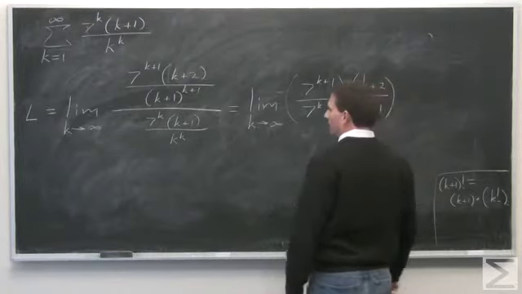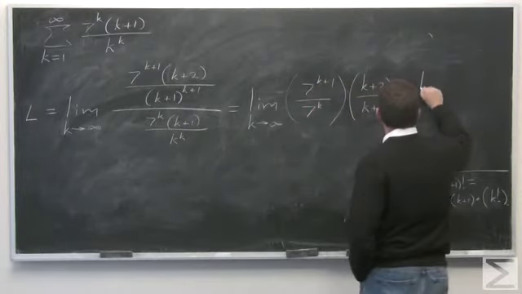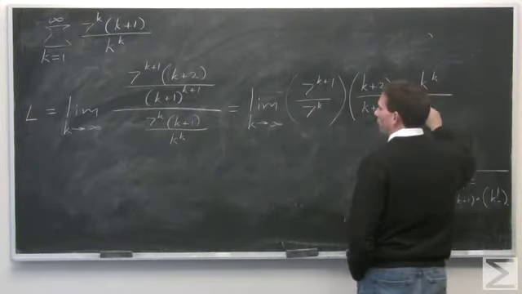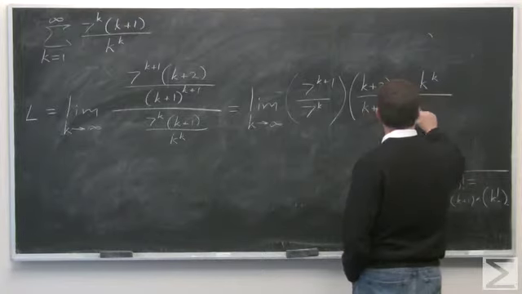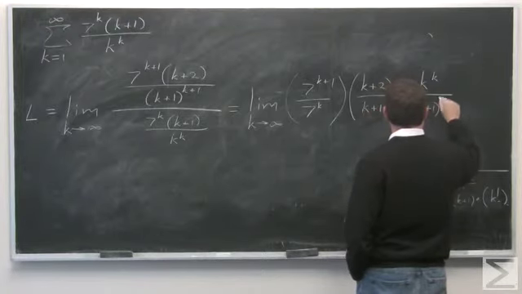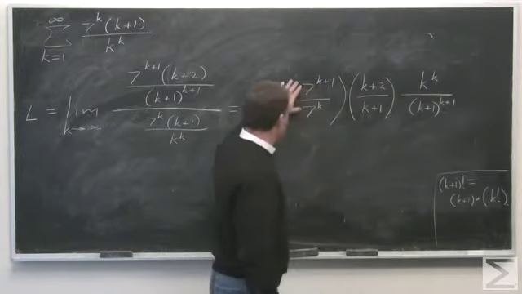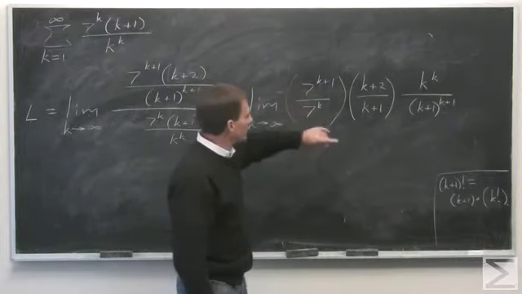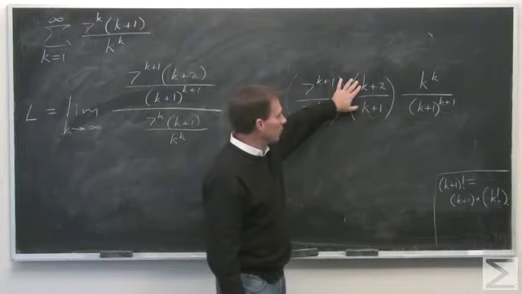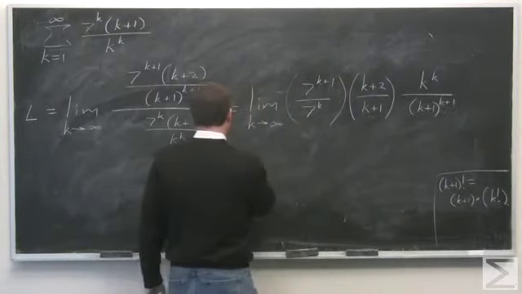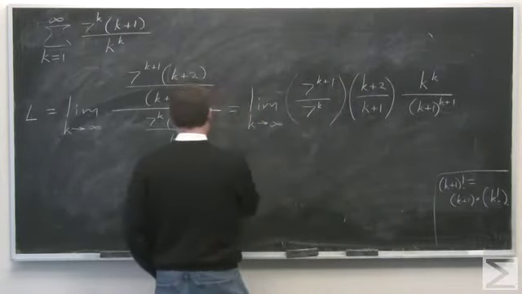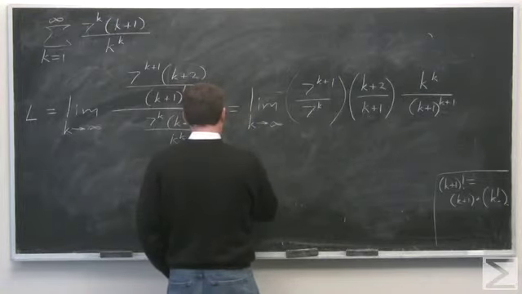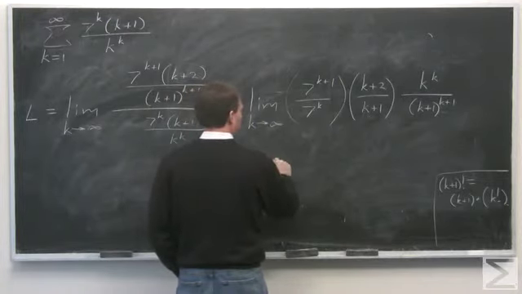But then we get this nasty thing, this k to the k over k plus 1 to the k plus 1. The 7 is 7 on the nose. It doesn't matter what k is. This limit approaches 1. So what we're getting is 7 times 1 times whatever this limit is.